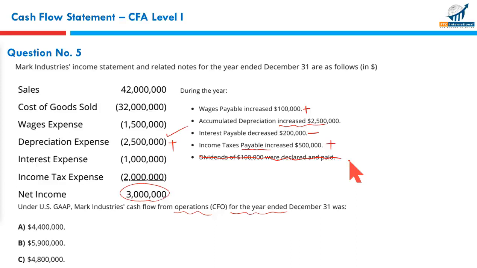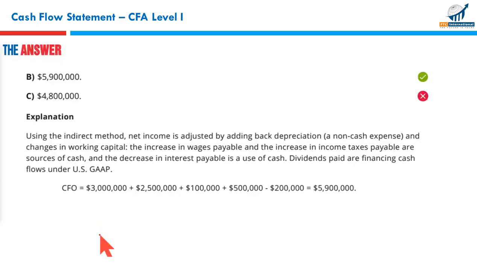So considering net income, adding your depreciation, adding wages payable increase, deducting interest payable decrease, and adding 500,000 for income tax payable, that gives you 5.9 million as the cash flow from operations, and 5.9 million it is.